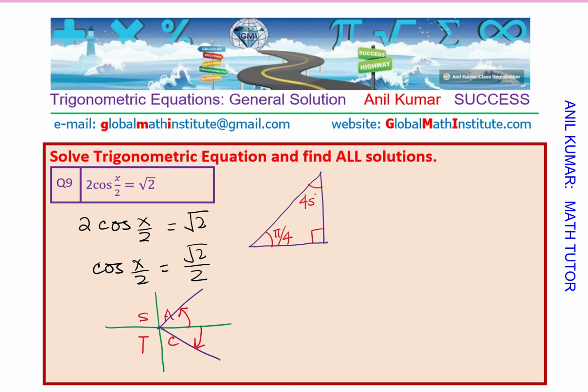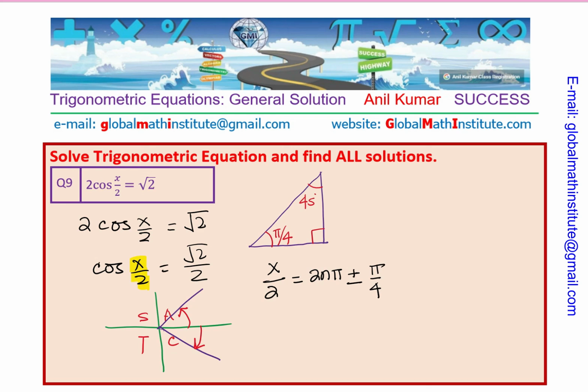So one of the solutions we can write is this angle, which is x by 2 for us, right? See, I'm not really afraid of x by 2 or something. I'm straight away writing these solutions. So one way is you can write x by 2 is equal to 2n pi plus or minus pi by 4. Correct?